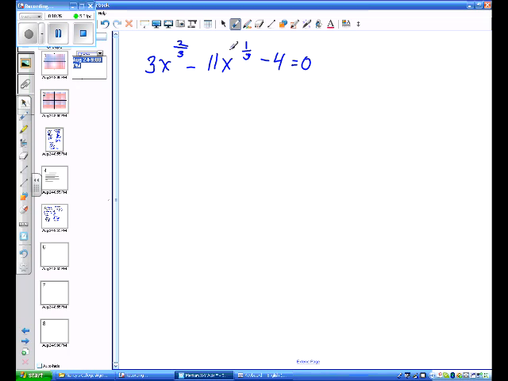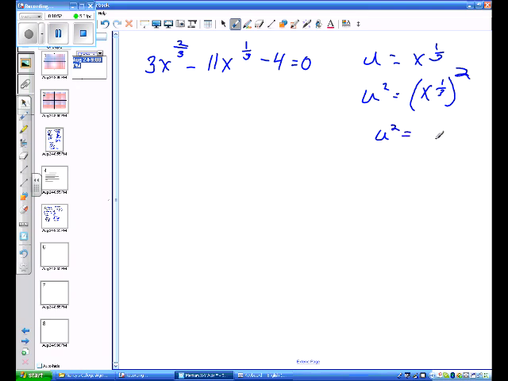Now we always start out, we're going to let u be our middle term. So let's let u equal x to the 1/3. So we want to square both sides. That's going to be x to the 1/3 squared. Now remember, our property says when you raise to powers, you multiply your exponents.